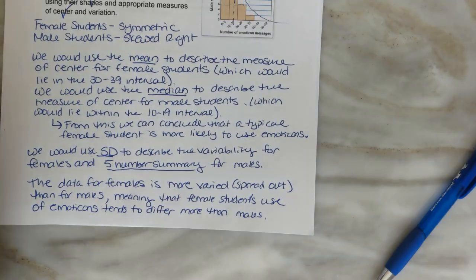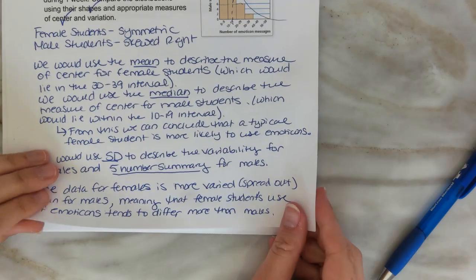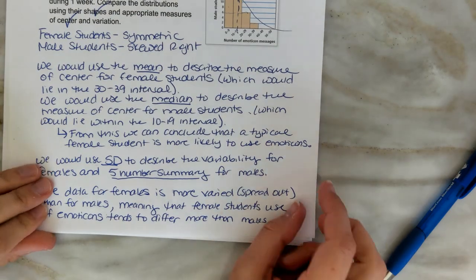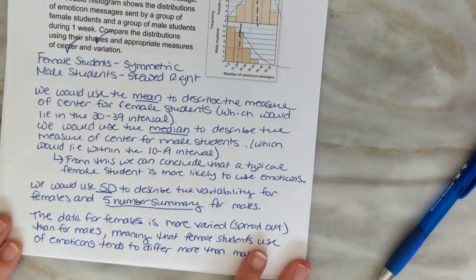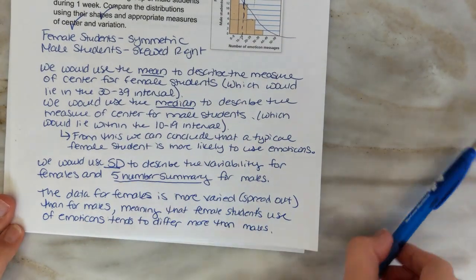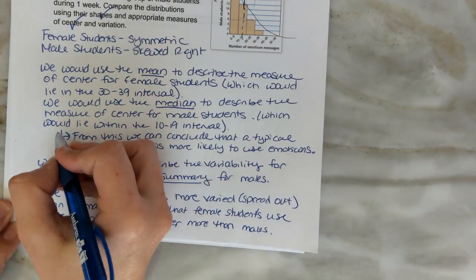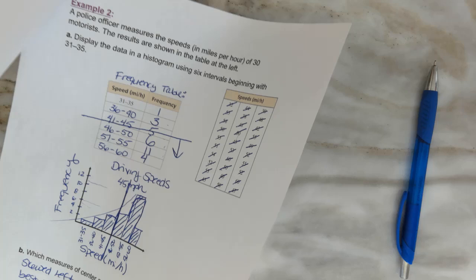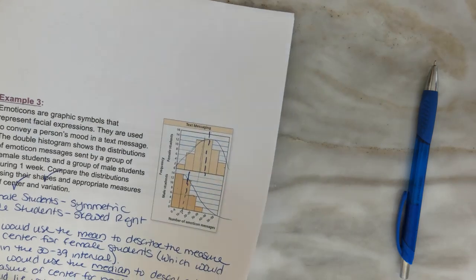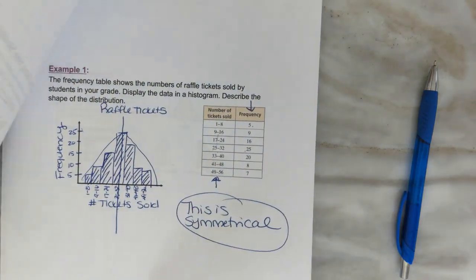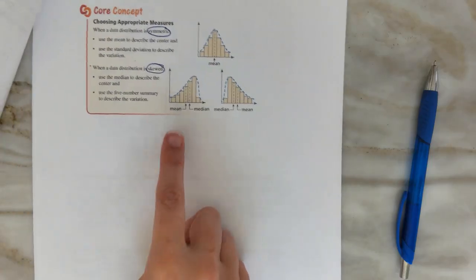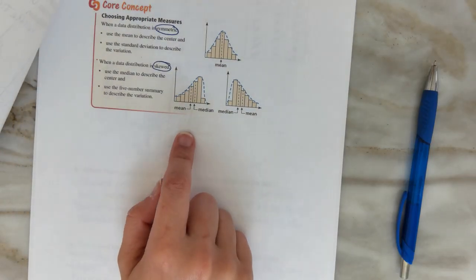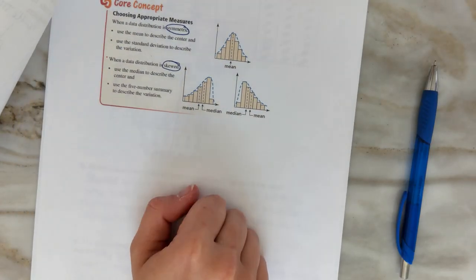So your female students vary more than your male students. Lots of information here, lots of things to write down. For your conclusions, which were this piece and this piece here, you can use your graphs to look at it. The rest of it was just putting into words the information from, where is it? Here, telling us what are the best measures of center and measures of variation for what type of graph.